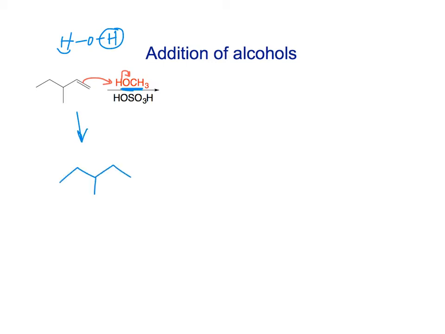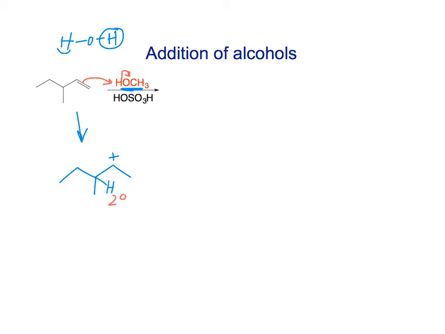It's going to protonate at the position with more H's to give us the more stable carbocation, following Markovnikov's rule. Now in this case, notice that we have a secondary carbocation. We have a more highly substituted center right next to it.